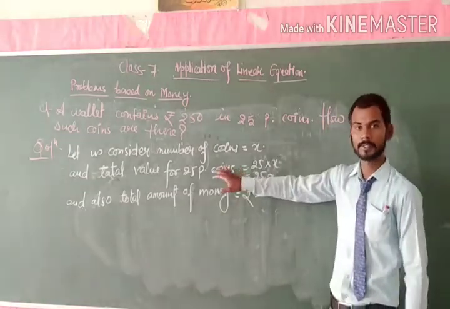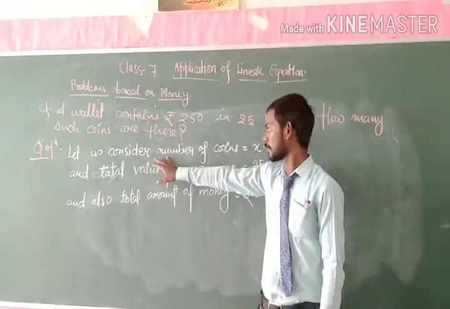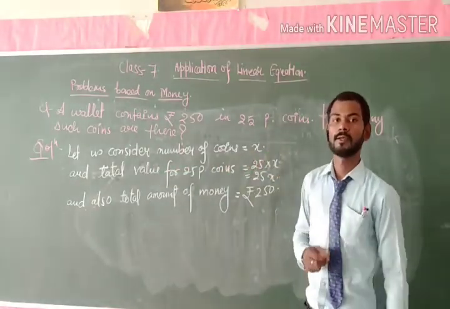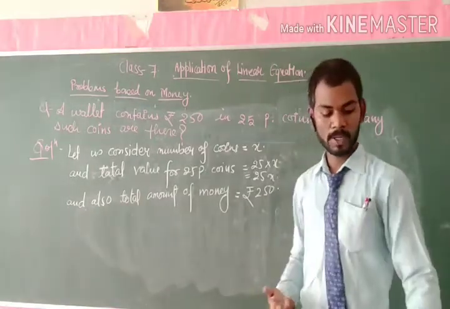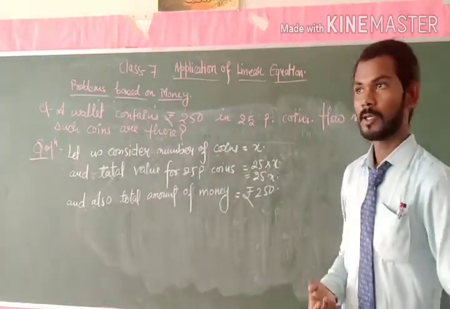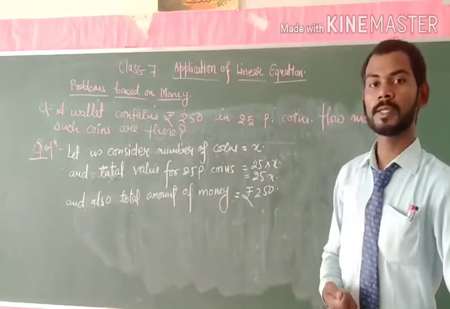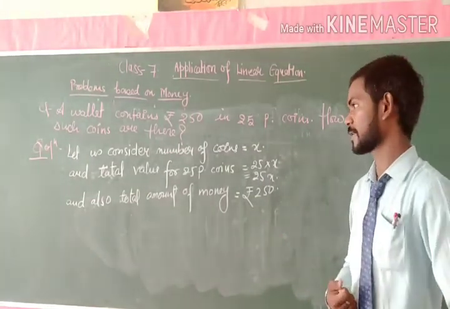Here we suppose that the number of coins is equal to x. So the value for 25 paise coins is equal to 25x.